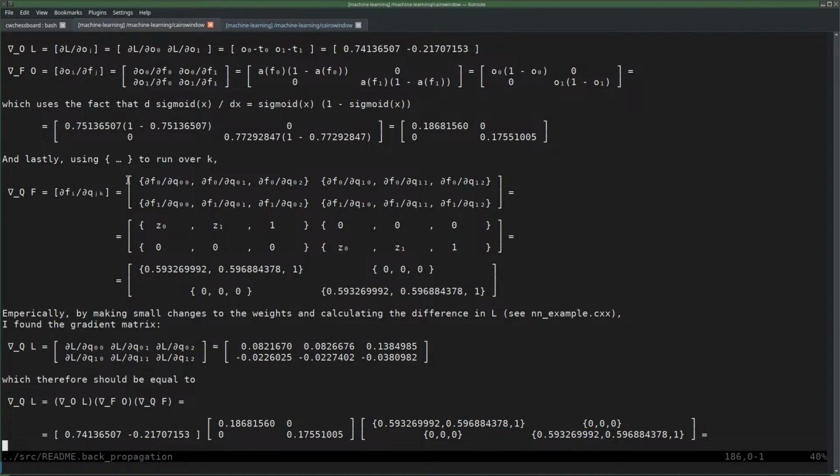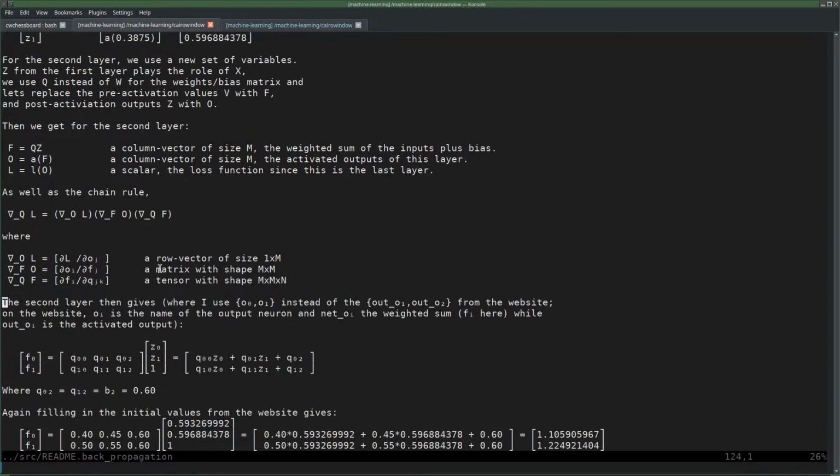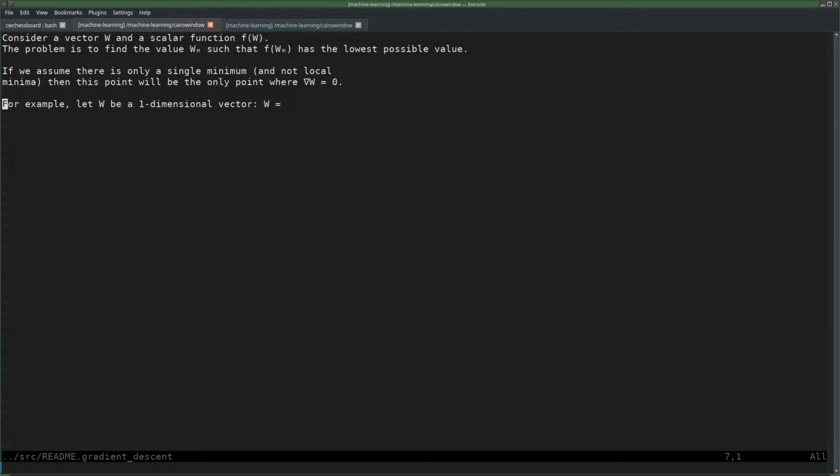Yeah, well. It's not even worth it. Oh, I have it here as well. Gradient. That is the same card.